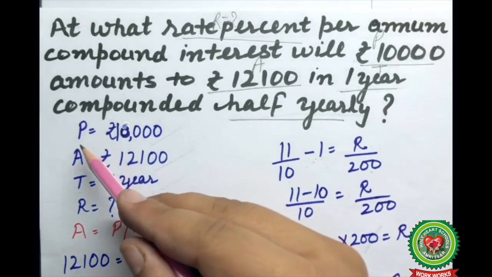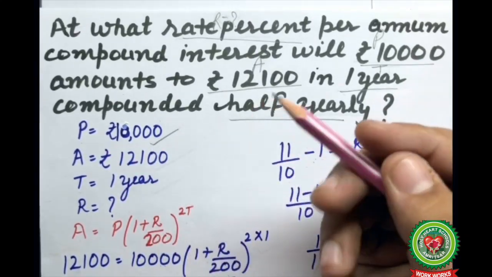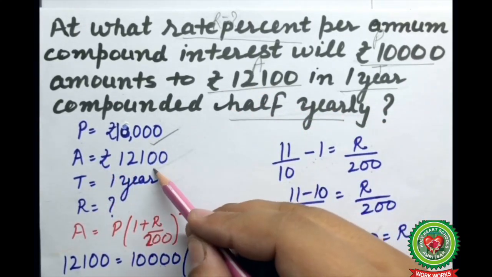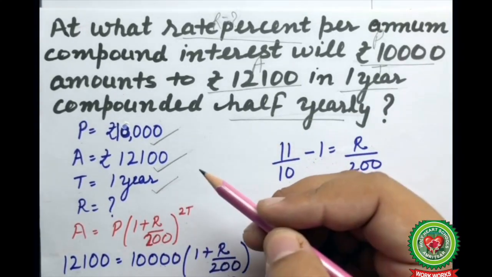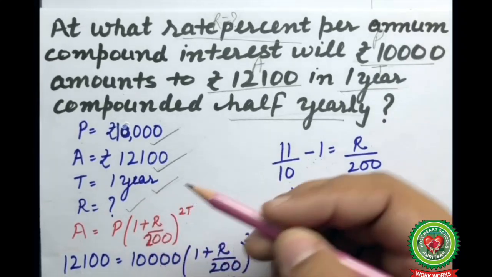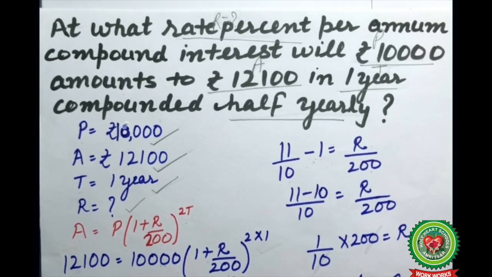Now let us write down what is given to us. So we are given principal is equal to rupees 10,000, amount is equal to rupees 12,100, time is equal to 1 year, R is equal to question mark. Now, as it was given that it is compounded half yearly, so we are going to apply the formula of amount in case the rate of interest is compounded half yearly, and that is A is equal to P bracket 1 plus R upon 200 raised to power 2t.